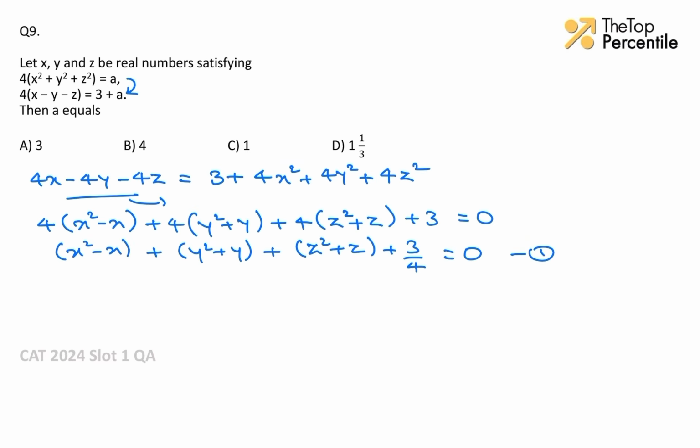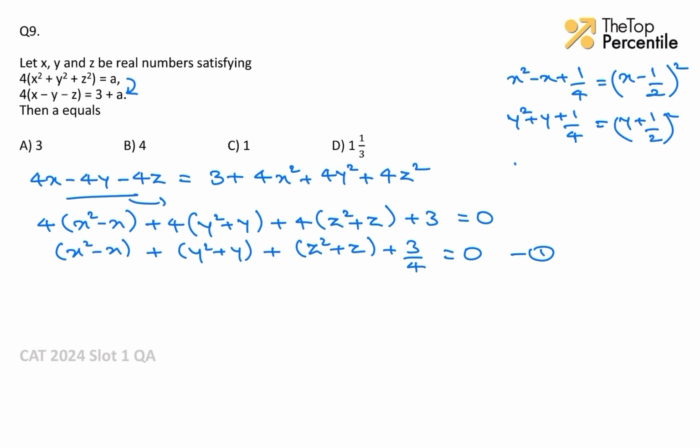What I mean to say is, I have x square minus x here. If I add 1 by 4, this will give me x minus 1 by 2 whole square. If I have y square plus y here, if I add 1 by 4, this will give me y plus 1 by 2 whole square.